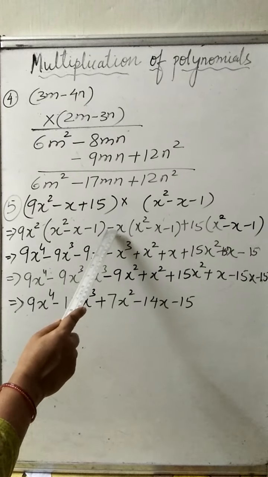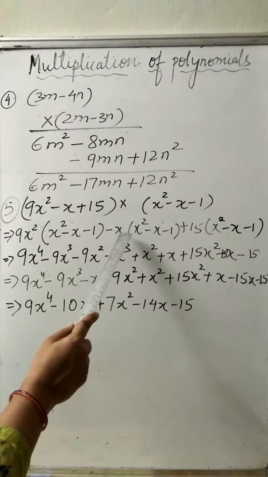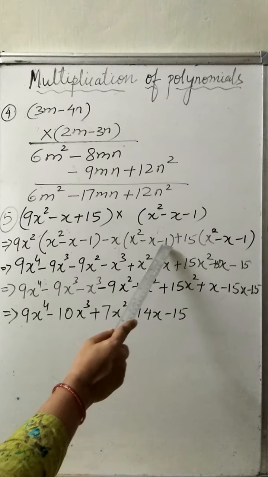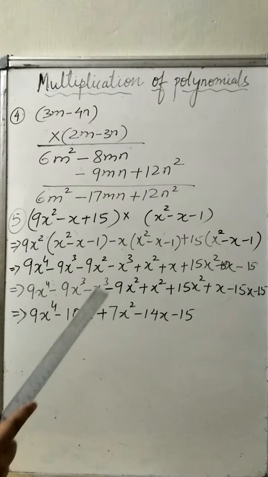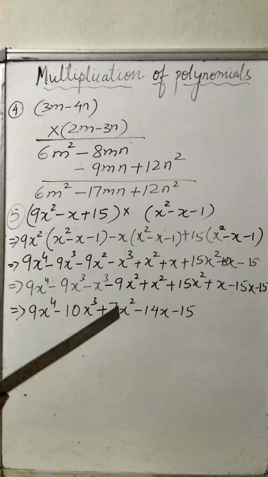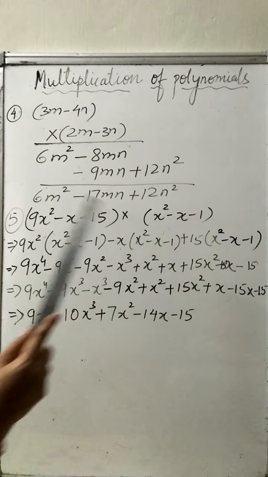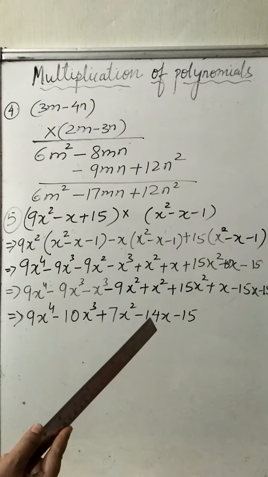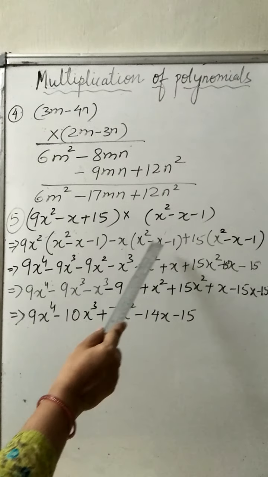Now here you see outside when negative sign is there, so definitely whatever signs are there in this expression, they will get reversed. Reverse means it will take the opposite sign, because outside is negative sign. It will change the sign of this whole polynomial.